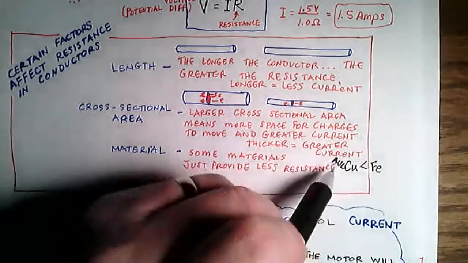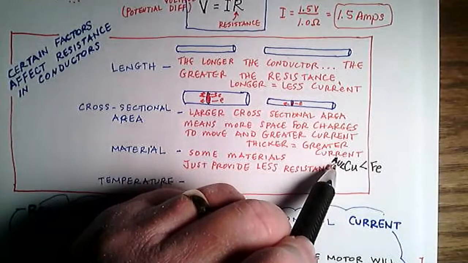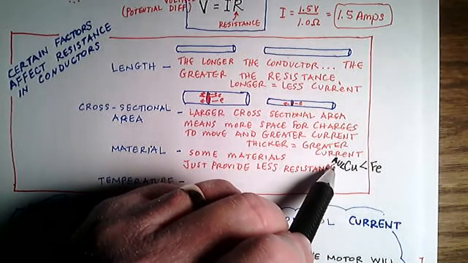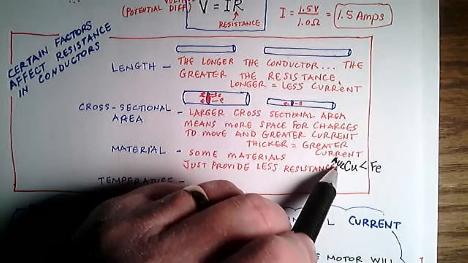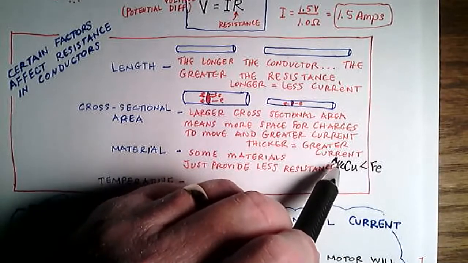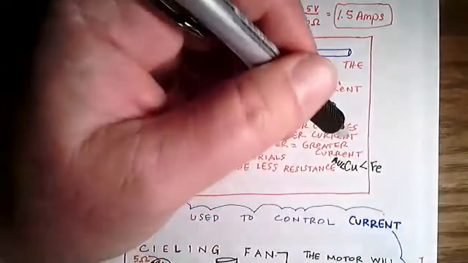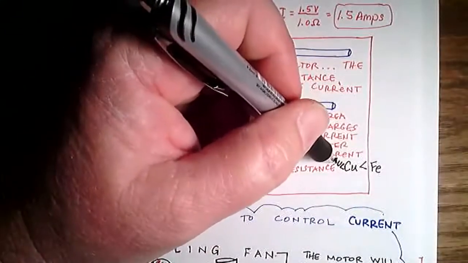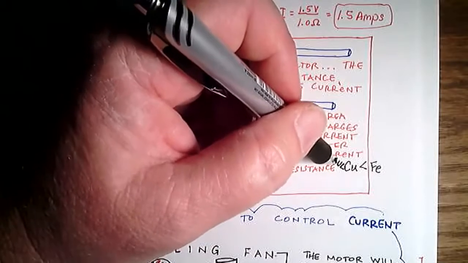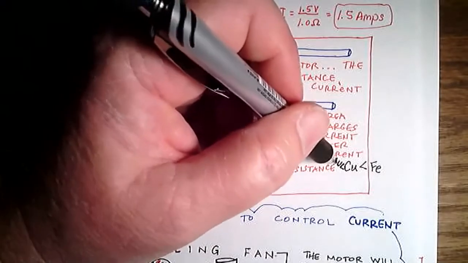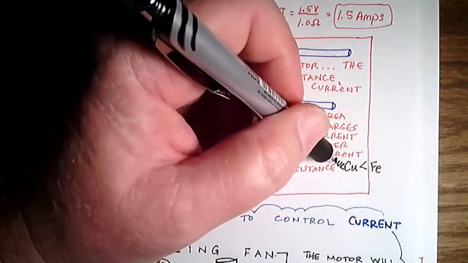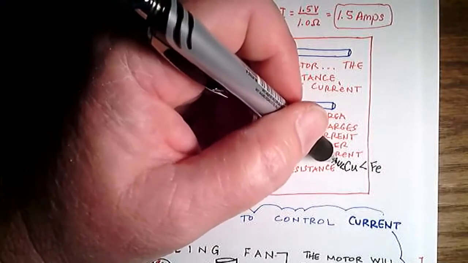For instance, on space satellites and the probes that we send to Mars and the rovers, we'll use silver or we'll use gold for those wires because we lose less of our electricity. On Mars, we can't just plug into something. We have to generate our own power, and any power that we lose is very, very costly.